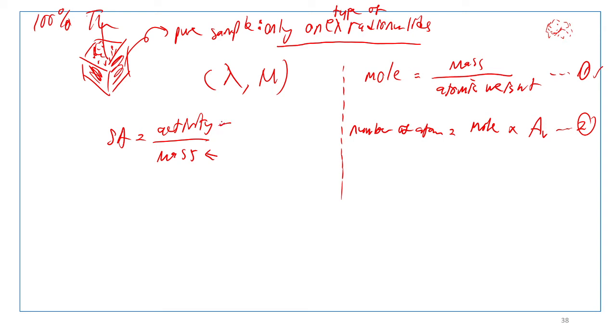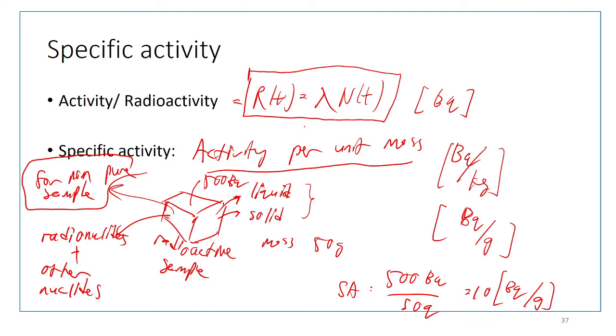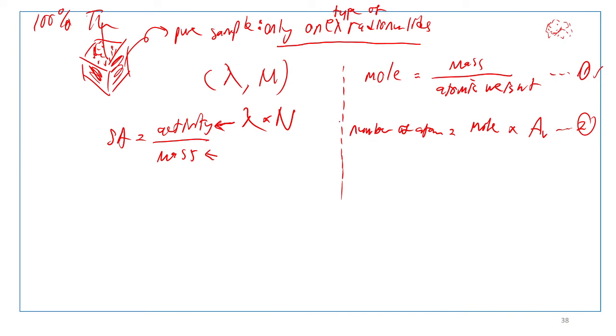While the activity is the decay constant multiplied by the present number of nuclei. So what happened to the mass here? From equation 1, we can determine mass, which is equal to mole times the atomic weight.